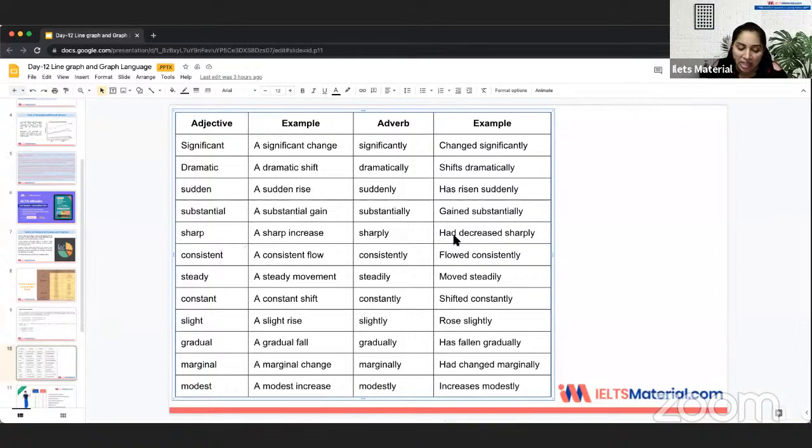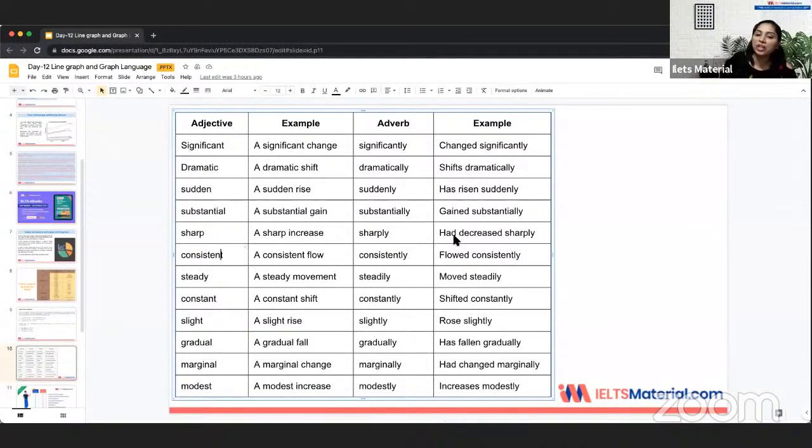Please read the answers: changed significantly, shifts dramatically. If I take changed significantly, it is in the past tense. When I take shifts dramatically, that is in the present tense. When I take has risen suddenly, this is in the present perfect tense. When I take gained substantially, it is past tense. When I take had decreased sharply, it is again past perfect.